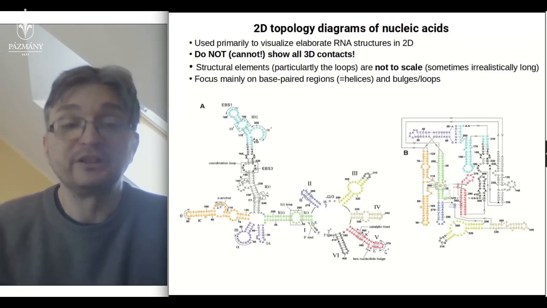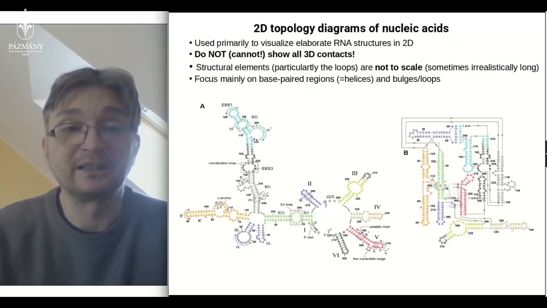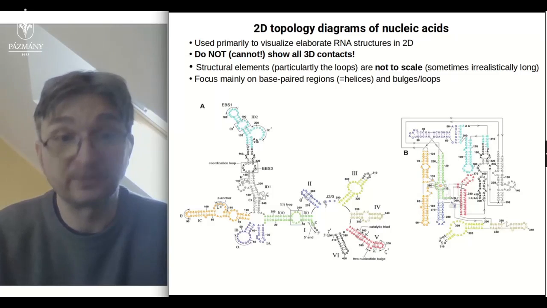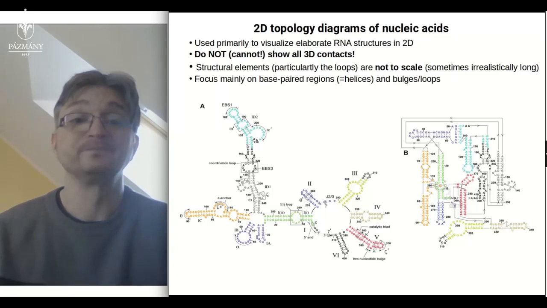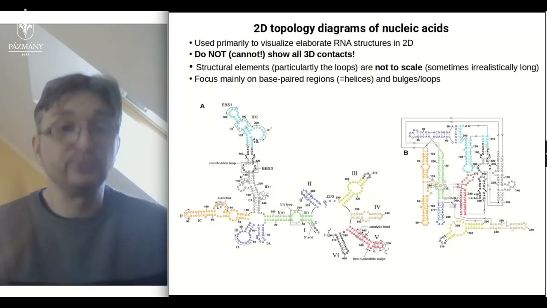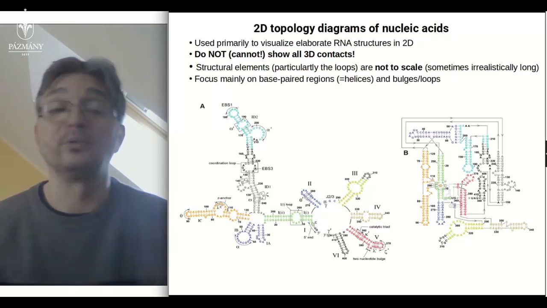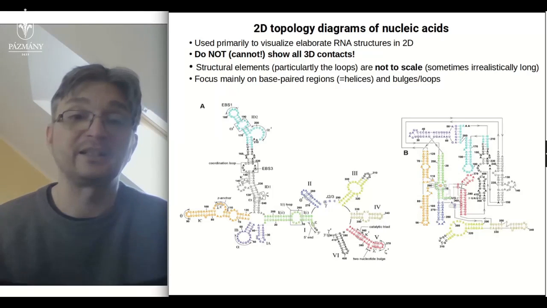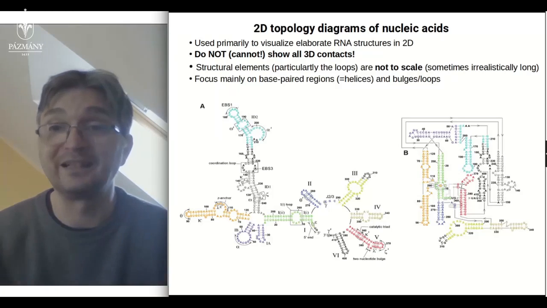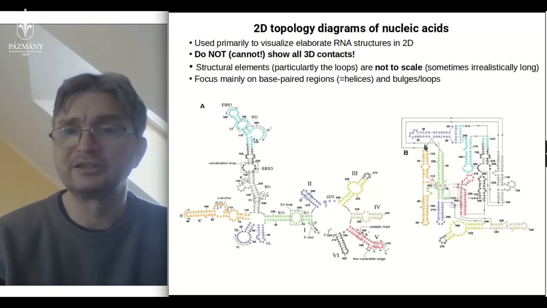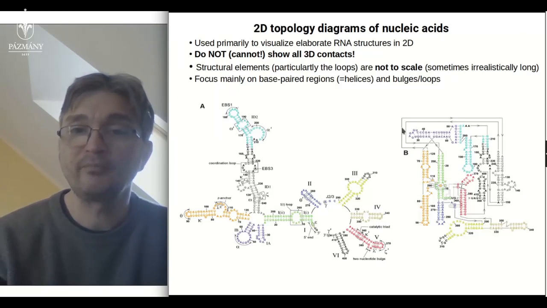These topology diagrams for nucleic acids are very commonly used, especially for complex RNA structures. Again, they cannot show all three-dimensional contacts, and there can be parts that are not to scale. For example, in this diagram you can see these very long connecting lines.